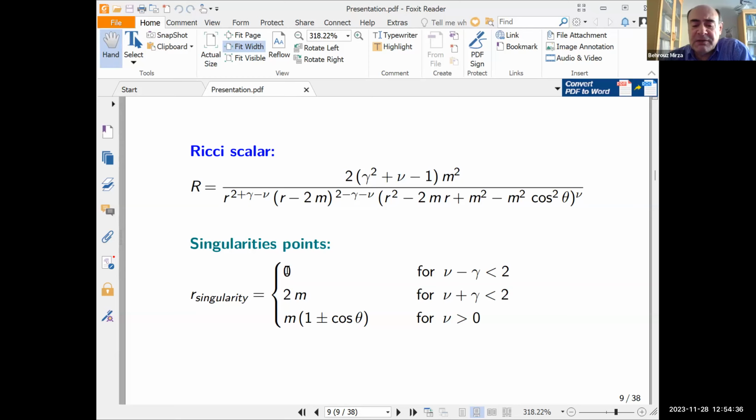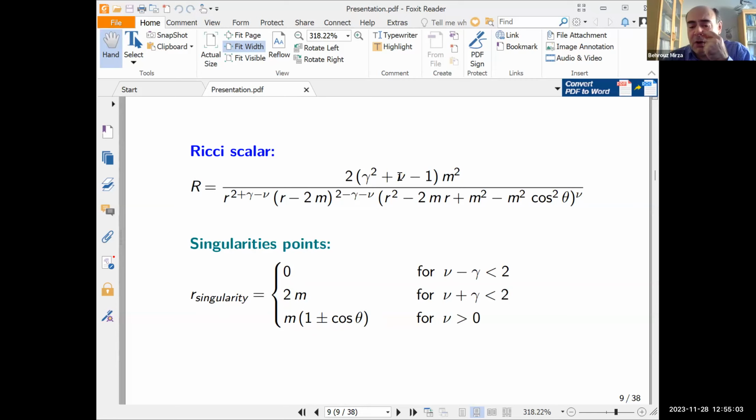Singularities are at 0, 2m, and m times 1 plus or minus cosine of theta. These are new singularities that we can see in this metric. These singularities are exactly similar to the singularities in the gamma metric. The difference is that in the gamma metric, the Ricci scalar is 0, but here the Ricci scalar is not 0.